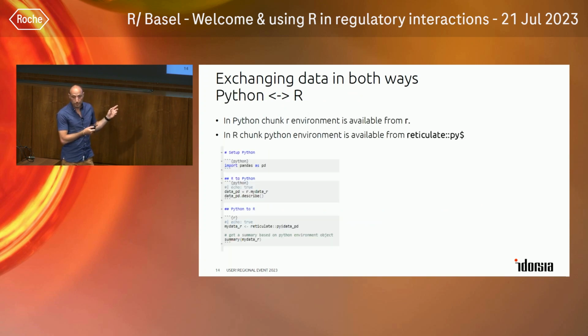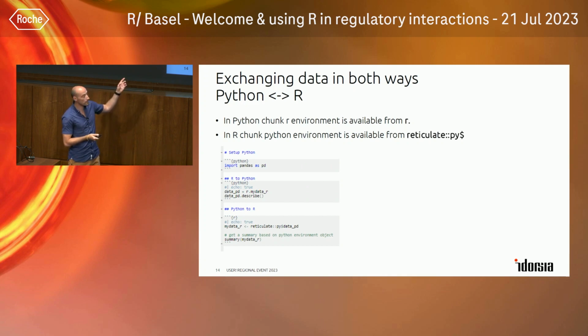Now for Python, for the ones who don't have any SAS available, they're lucky maybe, you can still use Python in Quarto, and here's a way to exchange your data between Python and R. When you are in a Python chunk, the whole R environment is available through the r object.